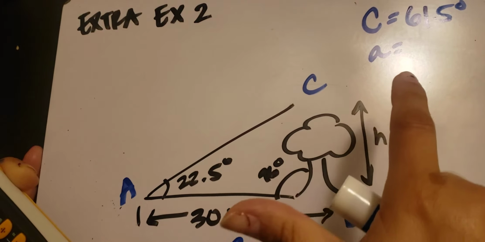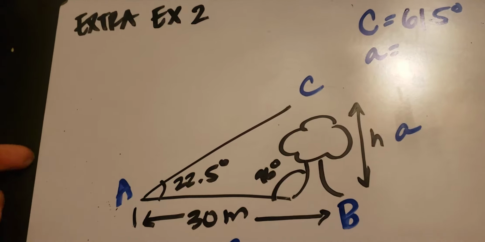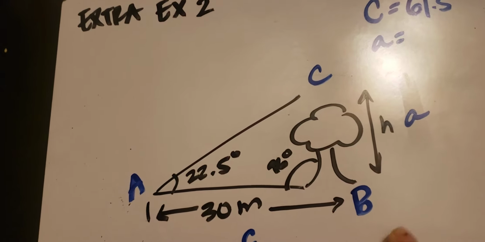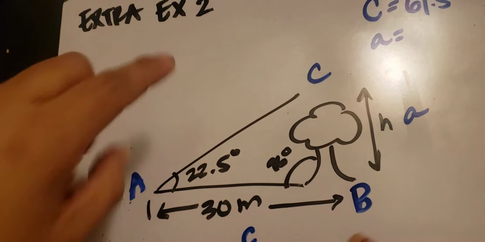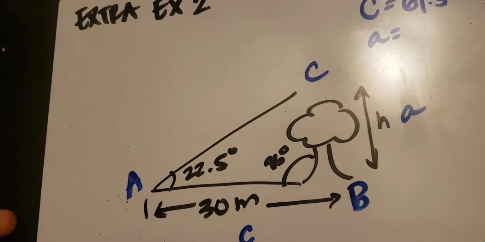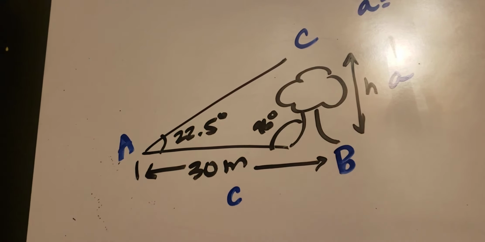So now I just need my side, I'm sorry, side A. Again, since I have angle B, but I don't have side B, I'm not going to work with the ratio that contains B. I'm going to work only with A and C, okay?